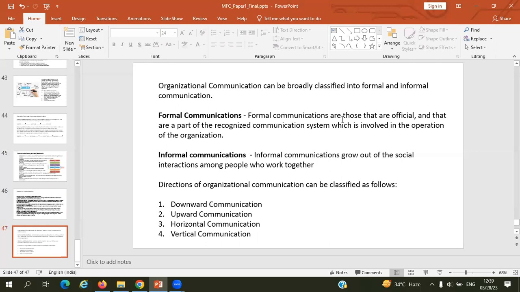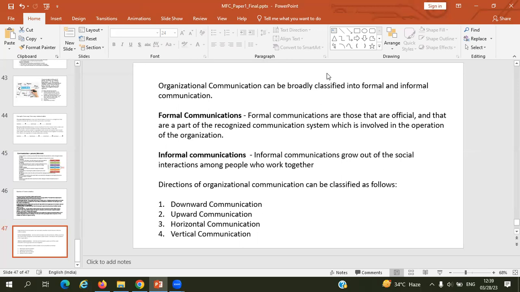If the person is communicating horizontally, that means he is only talking within the same stage, same level. These are the different types of communication in the organization.